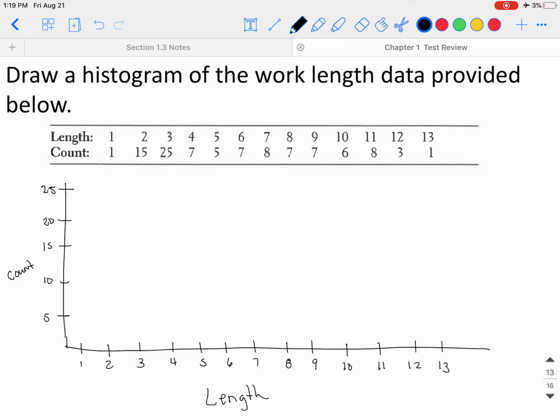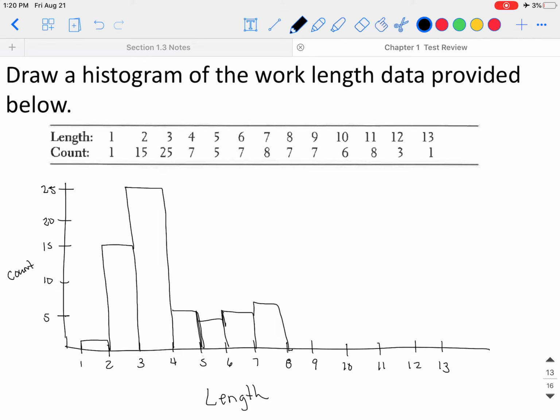From 1 to 2, we only have 1. From 2 to 3, we have 15. Remember, on histograms, they need to touch. 3 to 4, we have 25. 4 to 5, we have 7. 5 to 6, we have 5. 6 to 7, we have 7.